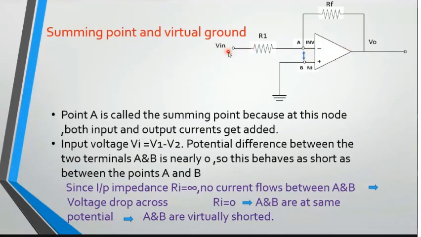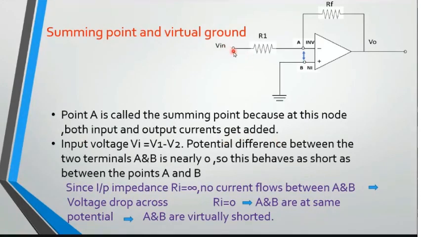So whatever current is coming from Vin and whatever current is coming because of the feedback, both will get added at the point A. So this point A is called the summing point. It is called a summing point because at this node, both input and output currents get added. Which is the input current?